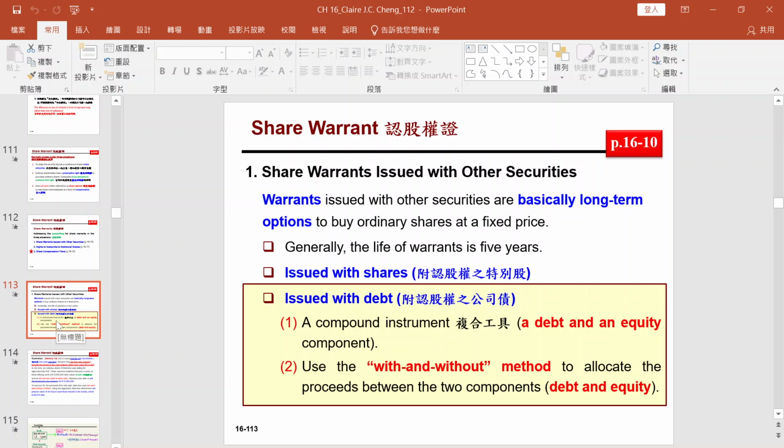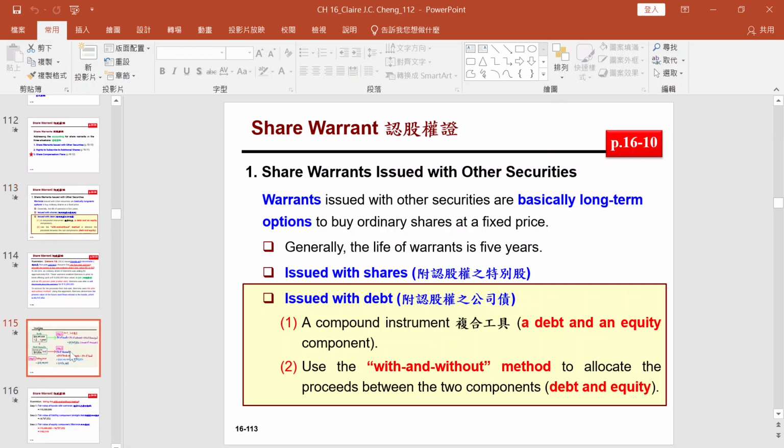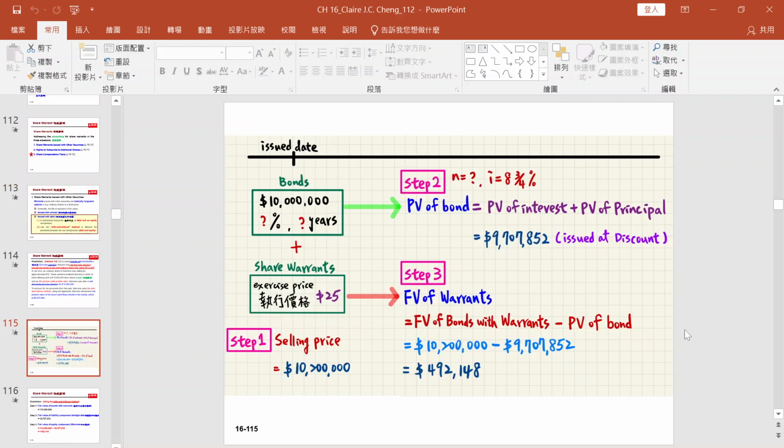So that's how we deal with equity with the bonds. If you go to your slide 115, remember with and without methods, based on the total price, find out how much for your bonds, the others for equities. The equities could be convertibles 转换权 or share warrants 认股权证.